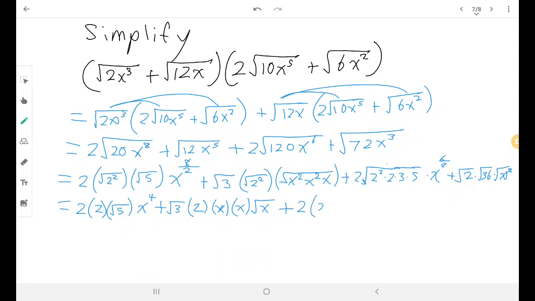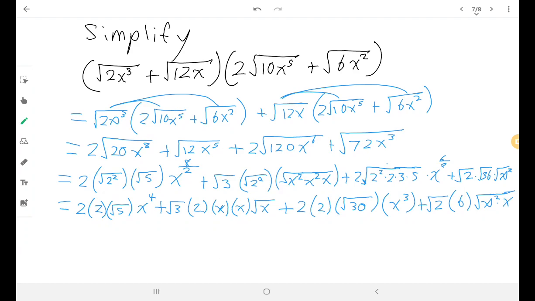So it's going to be 2 times 2, because the square root cancels the square, times the square root of 2 times 3 is 6, 6 times 5 is 30, so I may as well multiply all that back together, times x to the 6 over 2, but 6 divided by 2 is 3, so x to the third, plus the square root of 2 times the square root of 36, which is 6, times the square root of x cubed, which I'm going to call x squared times x now.